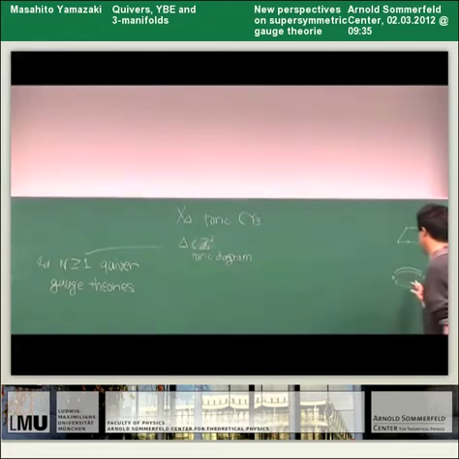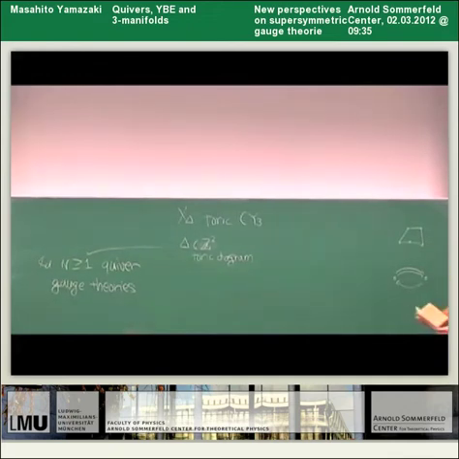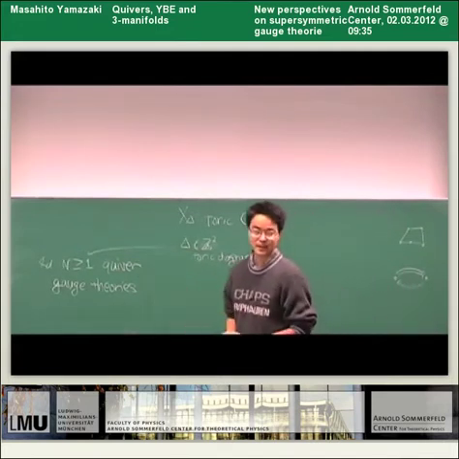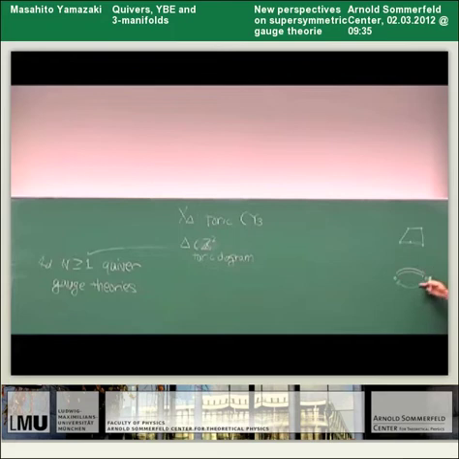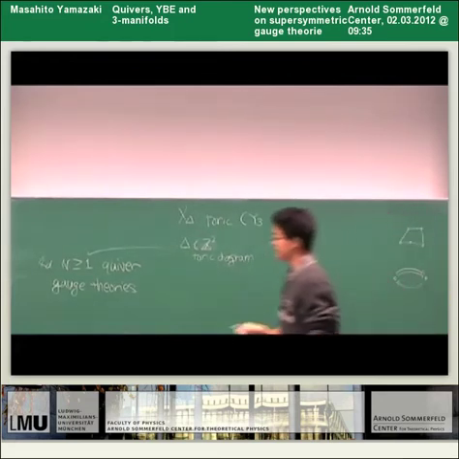The situation is slightly different from Vasili's talk, but we have similar structures here. Since it's N equal 1, it could be a chiral gauge theory. For example, there could be just one arrow going in this direction. So it's in general a chiral theory.